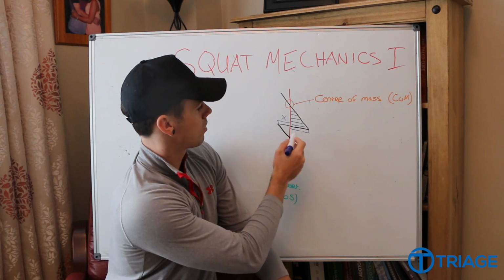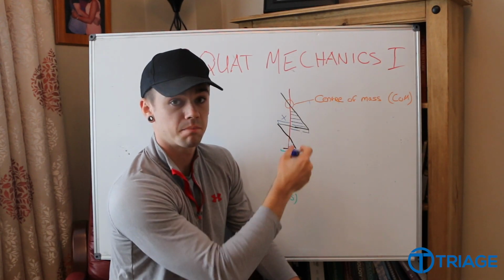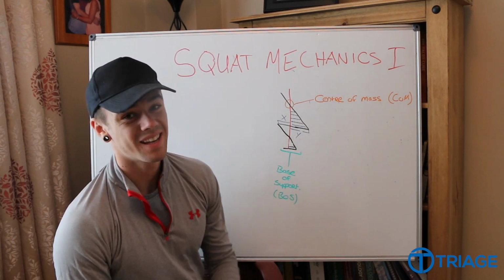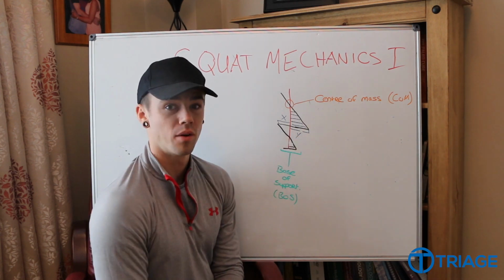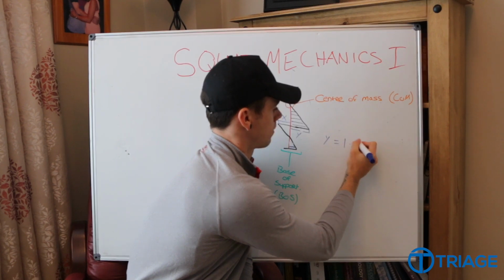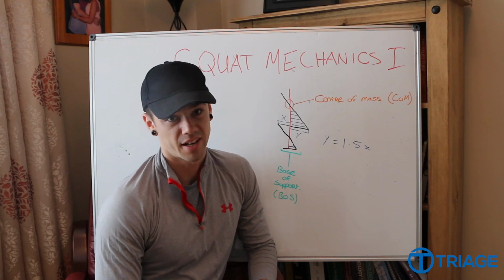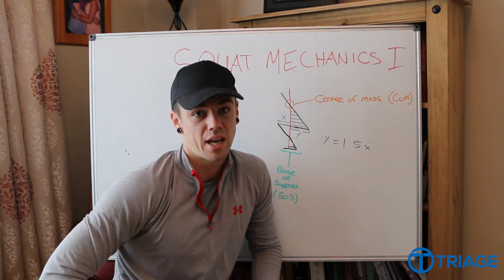Now, let's call the hip moment arm Y. What you can see is that Y is slightly bigger than X. So Y is around 1.5 times the size of X, Y equals 1.5X.